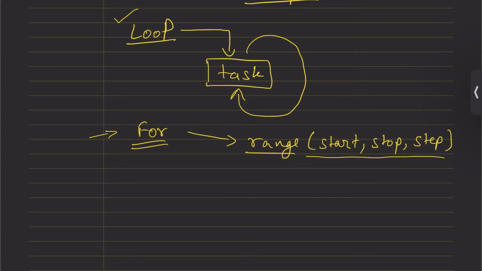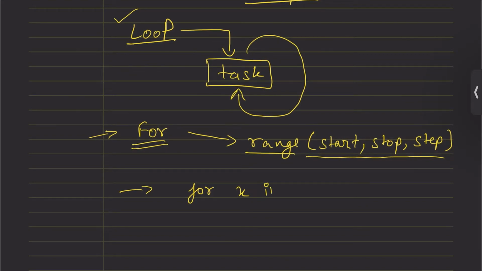In order to use a range function with for, we have to assign a variable to this function. The syntax for writing the for statement is like this. First we write the name of the statement, that is for. Then we write the variable name, let's say x.